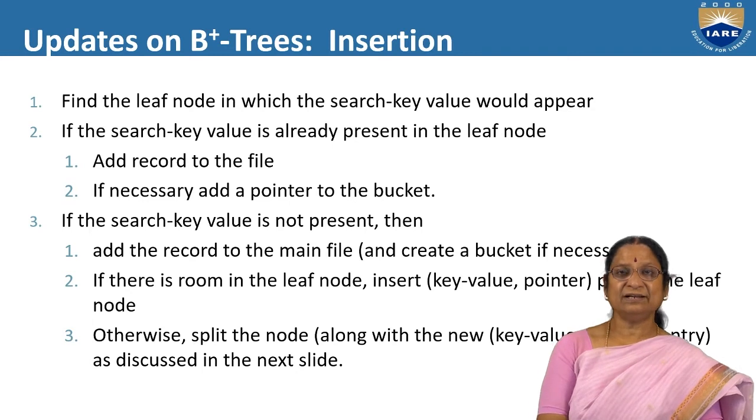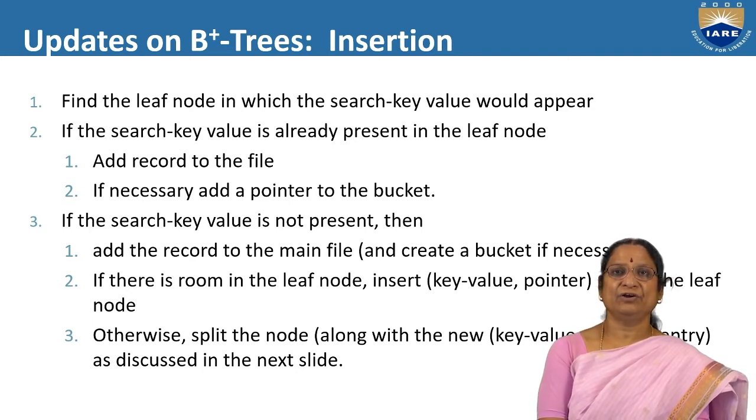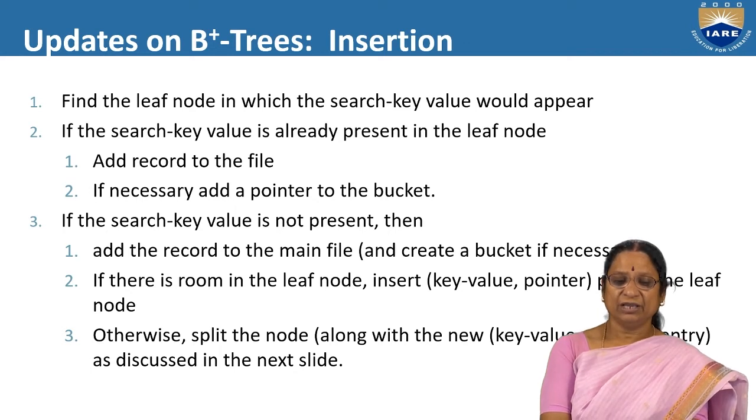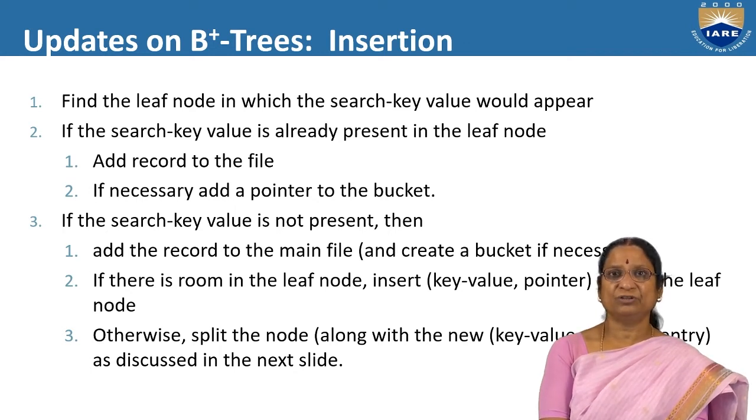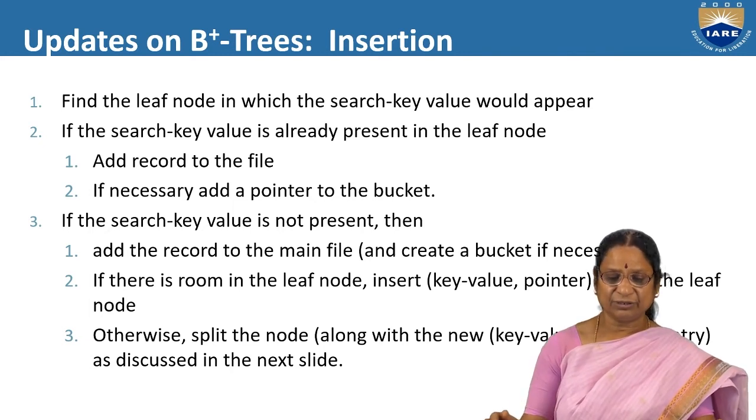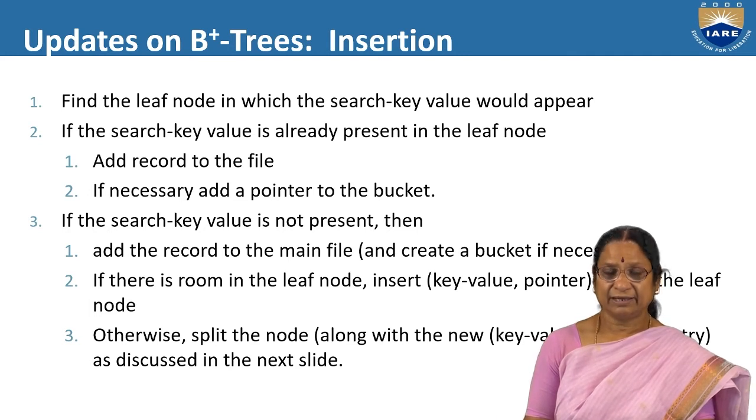If you would like to insert, where is it supposed to be inserted? First, we have to find the leaf node in which the search key value would appear. If space is available, we add that particular record to the file and adjust the ordering of the records. If necessary, add the pointer to the bucket also. If the search value is not present, then add the record to the main file and create a bucket.